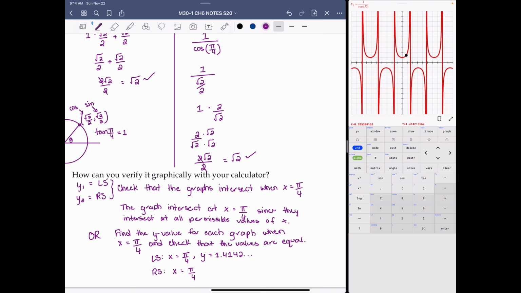And it tells us that y equals 1.4142... So the two y values are equal, which verifies graphically that the two sides of the equation are equal when x equals pi over 4.